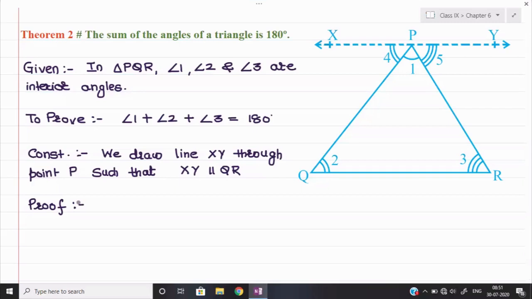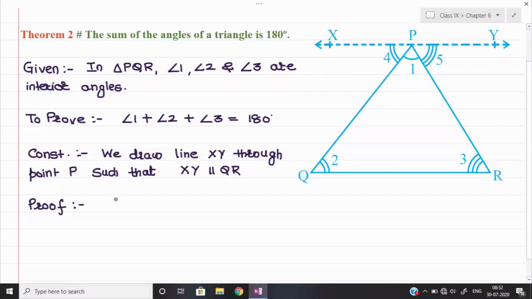So look at angle 2 and angle 4. Observe, angle 2 and angle 4 are forming a lateral set, and they are forming the angle in such a way that the two angles are lying in the interior of the parallel lines, but they lie on different sides of the transversal. So here PQ is your transversal, while XY and QR are the parallel lines.